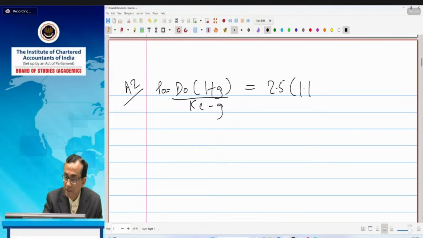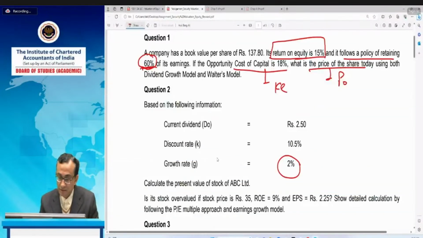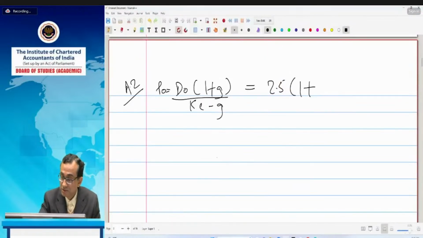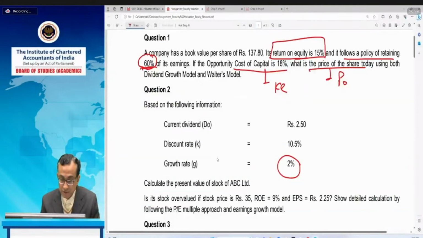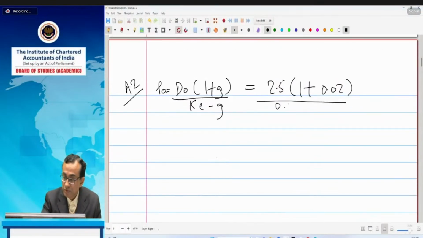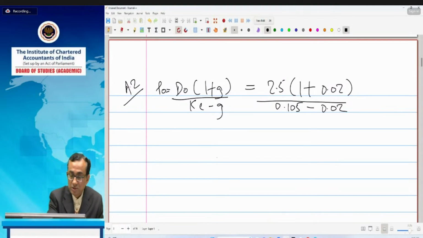We multiply by 1 plus G, the growth rate, which is 2%, 0.02, divided by KE. Discount rate is also given, 10.5%, so 0.105 minus growth rate, that is 0.02. Let us calculate this.